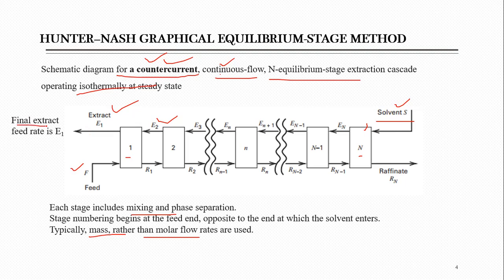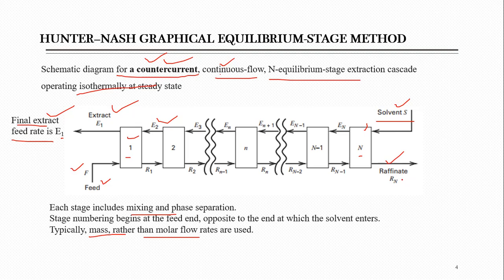So the final extract flow rate is E1, because it leaves from stage 1, hence the subscript 1, and E is extract. Extract is the phase which is rich in solvent. Feed enters at stage 1 and keeps moving through all these stages, and raffinate leaves.